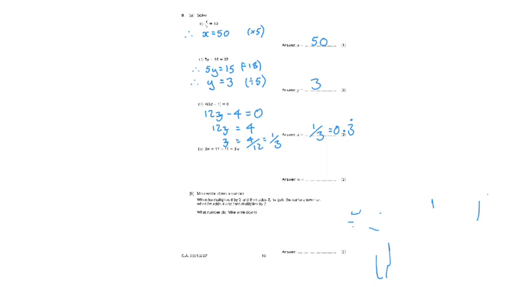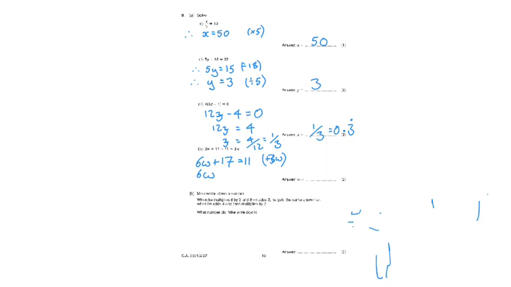3w plus 17 equals 11 minus 3w. So we're going to get the w's all onto one side, so we're going to add 3w to both sides. We get 6w plus 17 equals 11. So we're adding 6w, so we're adding 3w.